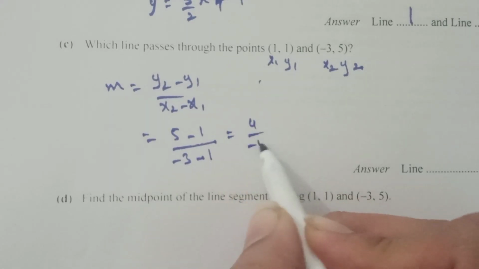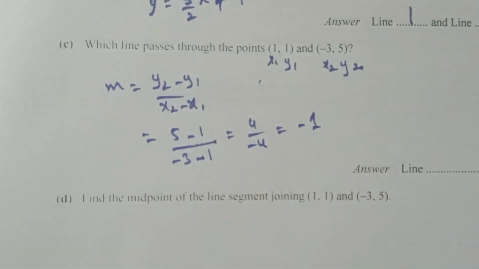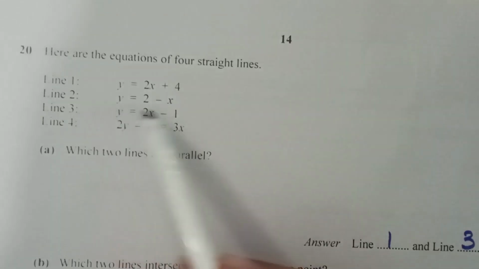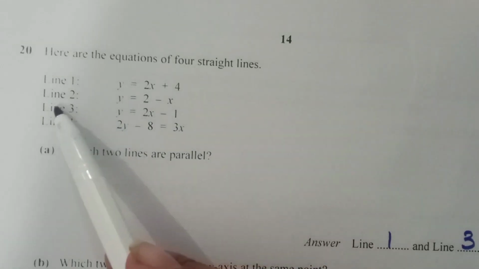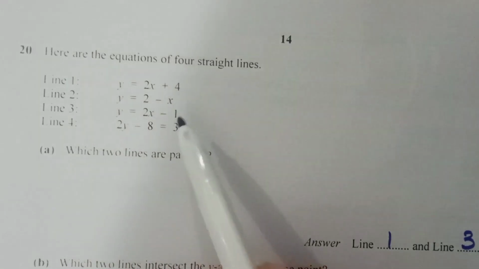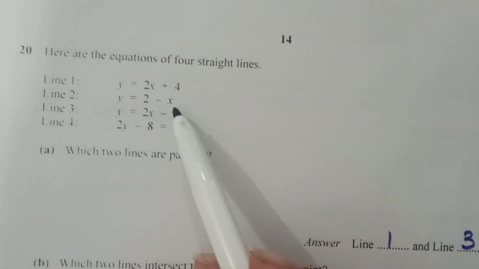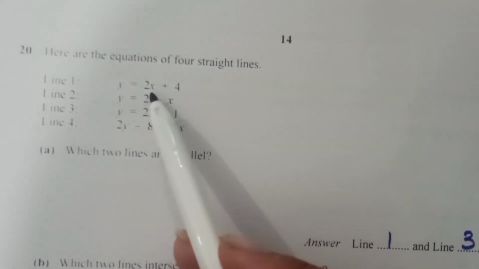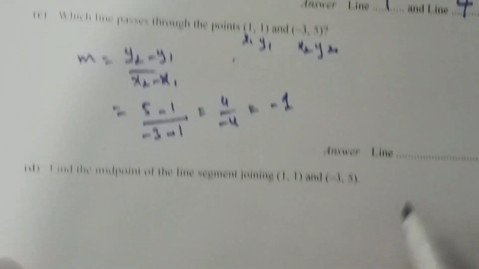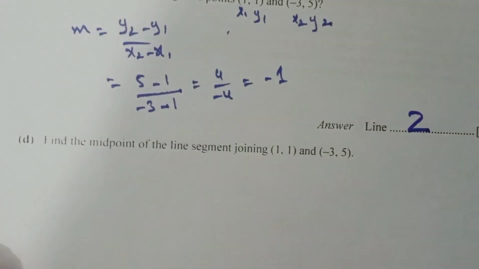We get 4 over minus 4, and we get the answer minus 1. Now we see which line has the gradient minus 1. Line 2 is the only line which has the gradient minus 1. The other lines have gradients 2, 2 and 3 by 2. That's why we write the answer is line number 2.